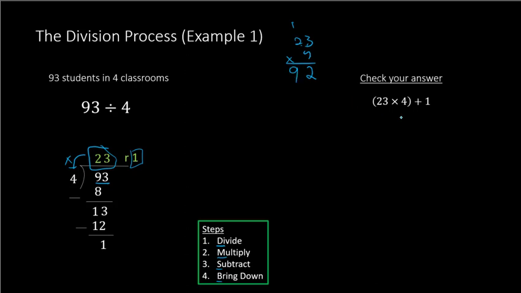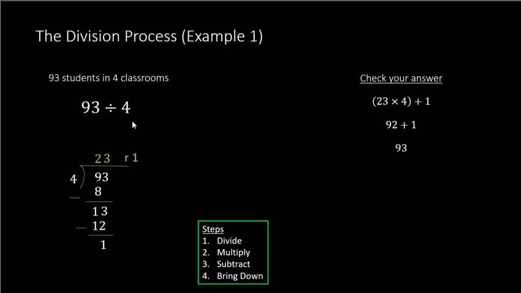So that gives you 92, plus the 1, that gives you 93. Because this 93 is the same number as the number right here, that means we have done the problem correctly. So the answer is 23, remainder 1. That was the correct solution.